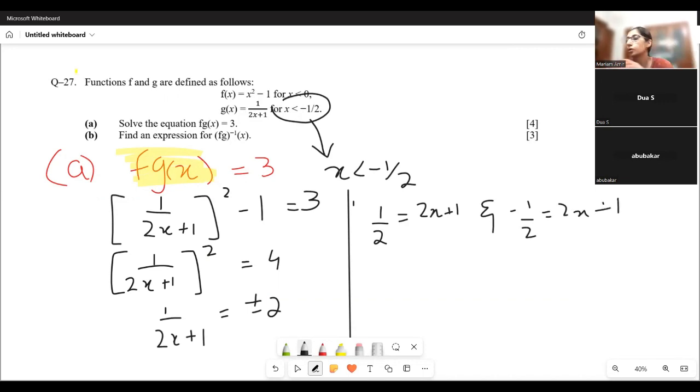So from here, what two values of x are we getting? Minus half minus 1 divided by 2, that is minus 1 by 4 equals x. And the other one is minus half plus 1 divided by 2, that's 1 by 4.